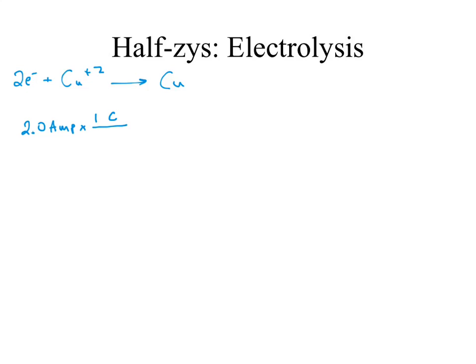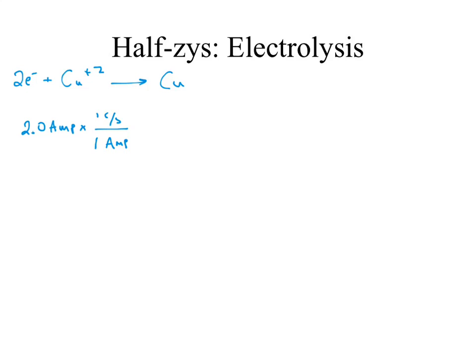It's 1 coulomb, so the charge of an electron per time. Whoops, I should set this up so we can cancel some units. We get 1 coulomb per second is 1 amp. So our amps will cancel and we will have coulombs per second.